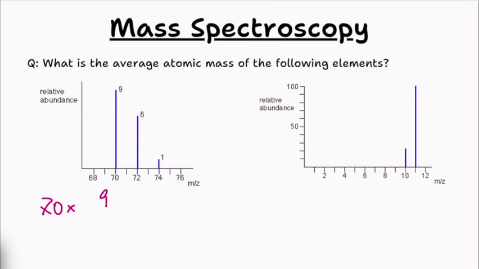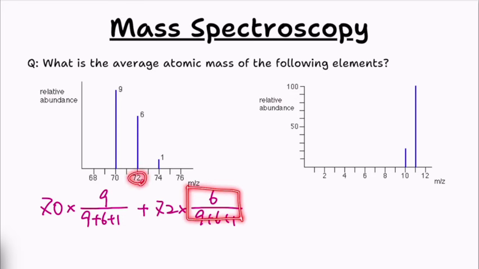So it will be 70 multiplied by 9 over 9 plus 6 plus 1, plus 72 multiplied by 6 over 9 plus 6 plus 1, which represents the percent of the 72 isotope in the whole sample, plus 74 multiplied by 1 over 9 plus 6 plus 1.